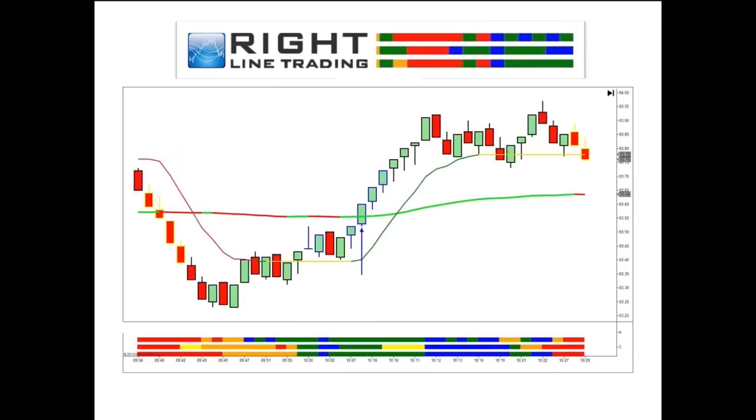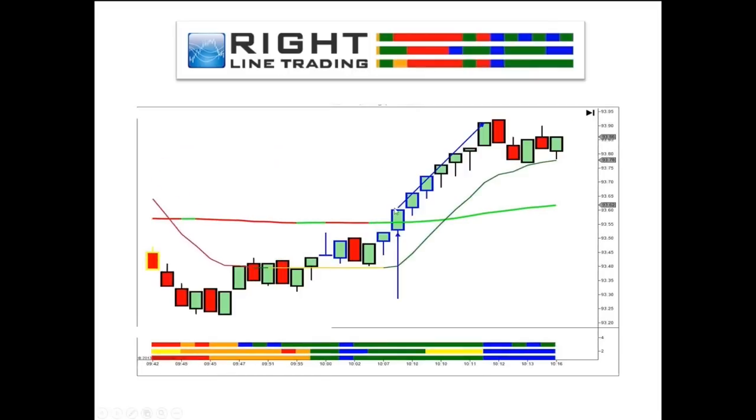Now let's take a look at an actual trade. What we have here is, actually let me go to the next slide. You can see that the candle's outlined in blue. And this outline forms intrabar. All the indicators do their calculations intrabar. Now remember, we want to be a trend trader. So we want to trade when the 50 and the 15 are both green. In this particular case, they are.